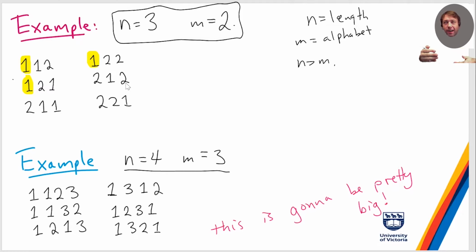There might be a way to think about this with permutations, but it's not really like permutations, because permutations only use everything at most once. We're trying to use everything at least once. So actually this is kind of related to permutations.